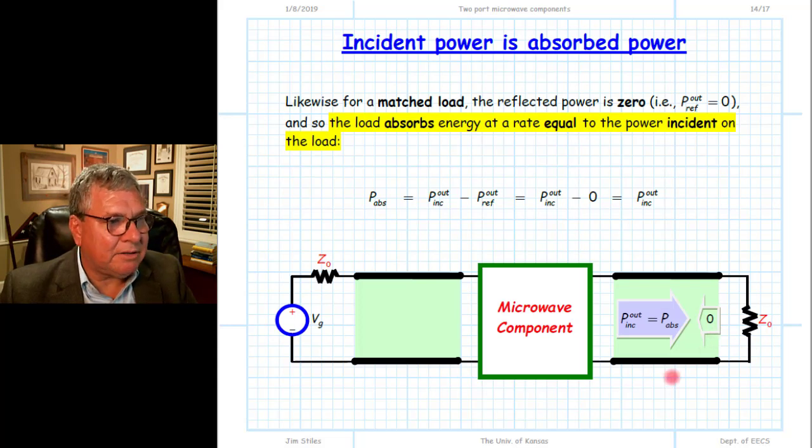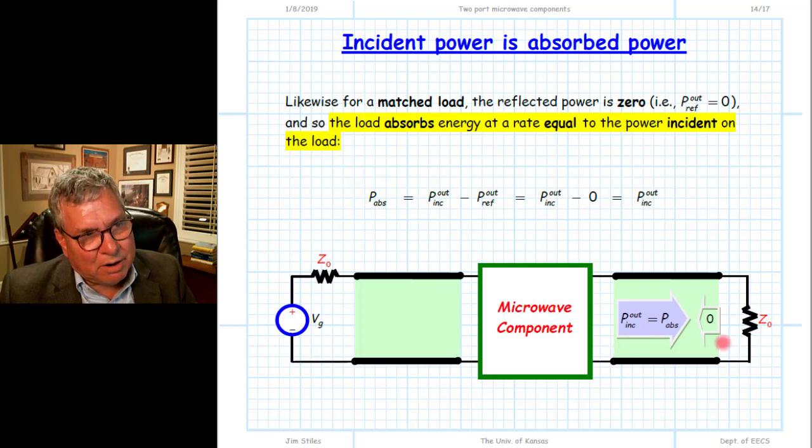And so on this side of the transmission line, we know that the power incident on this load, the power associated with the wave propagating in this direction, is equal to the power absorbed by this load. Why is that? Well, we know the power absorbed by the load is the difference between the incident and the reflected, and therefore if the reflected is equal to 0, then the absorbed is simply equal to the incident.